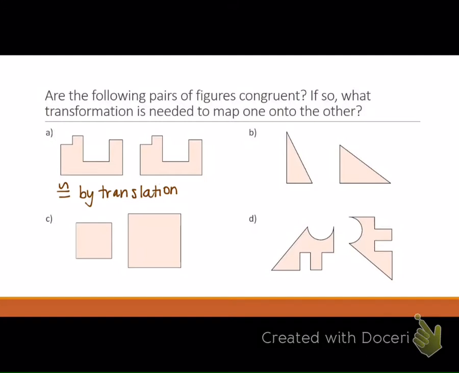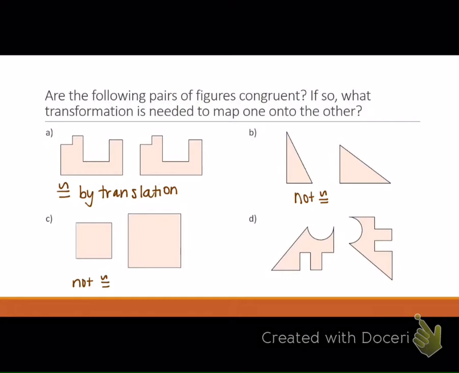Are the two triangles there congruent? No. So these two are not congruent, so we do not have a transformation. They are not the same size and shape. Brandon. C. Nope, one square is bigger than the other.